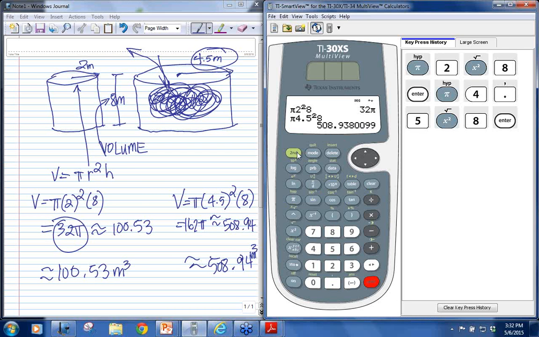So if you press second and then answer, oh no, this one will pull out the 508, by the way. It's not going to pull up the 32 pi.